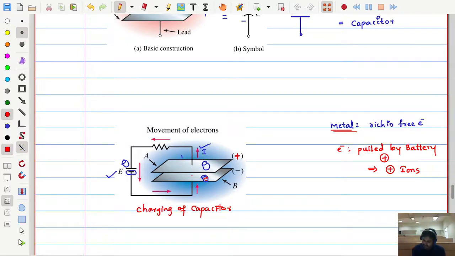In the same way, this battery will try to charge these free electrons, thereby on the other side the second plate will become negatively charged.